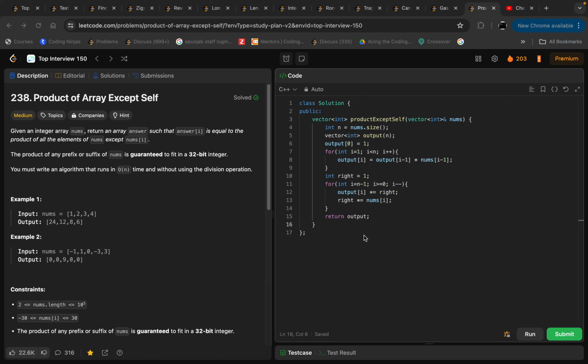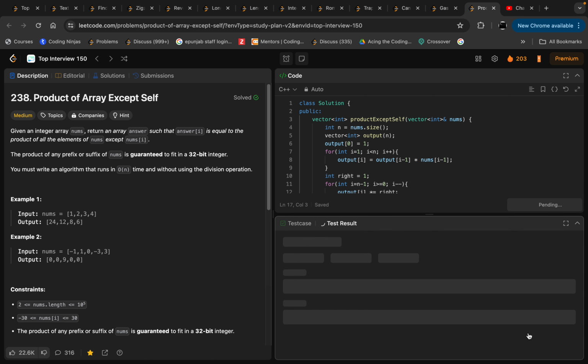So now let's discuss the code for the same. As already discussed, I took an output array in which I am initializing the first value to 1 and then storing all the previous results in the current one. Then I am initializing my right to 1 and computing all the results that are coming along my right, and then I am returning the output.